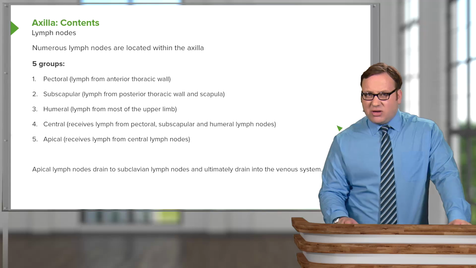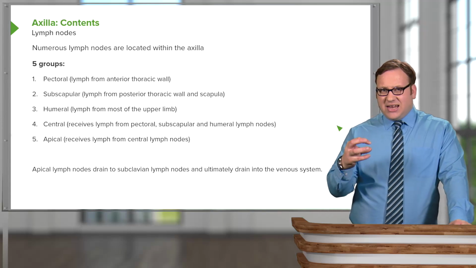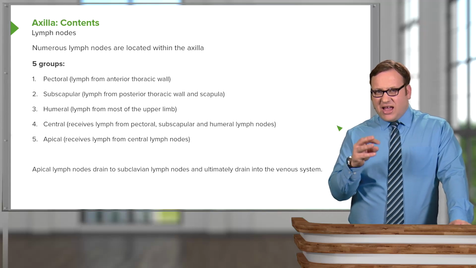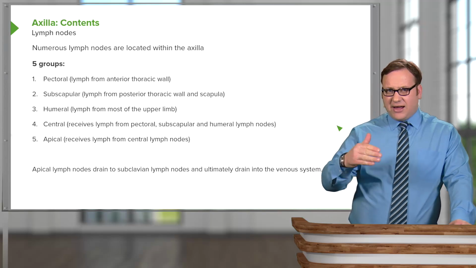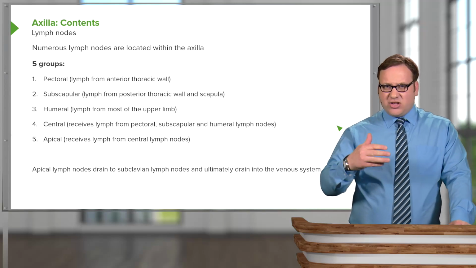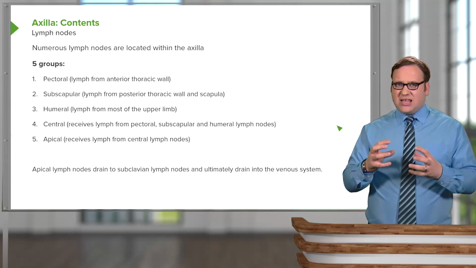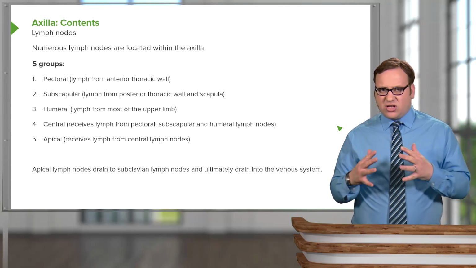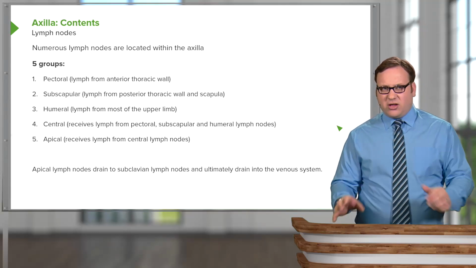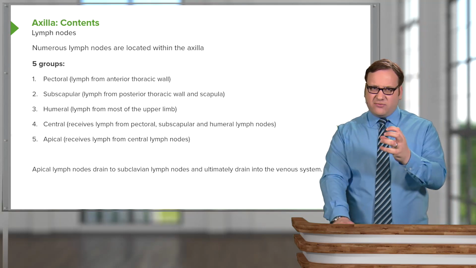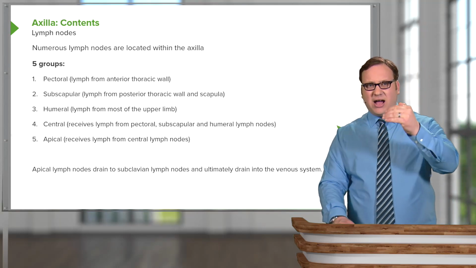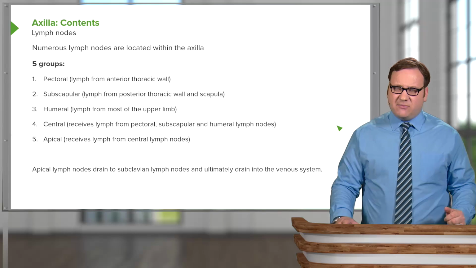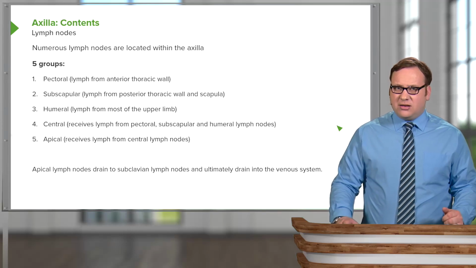We have central lymph nodes, and these are beginning to receive the various lymphatic vessels from the pectoral, subscapular, and humeral. So those 3 giving rise to lymphatic vessels that go to these central lymph nodes. And then from the central lymph nodes in the axilla, they're going to pass up to the apex of the axilla into apical lymph nodes.